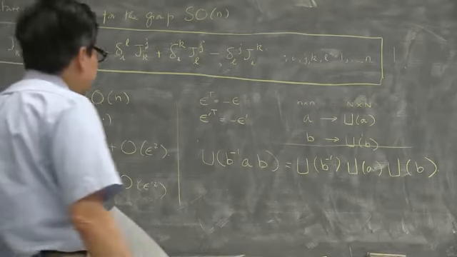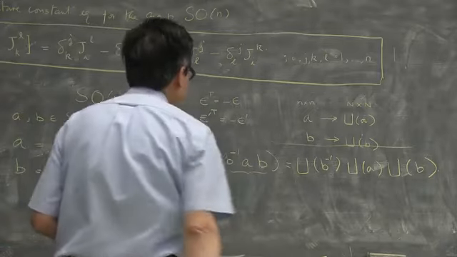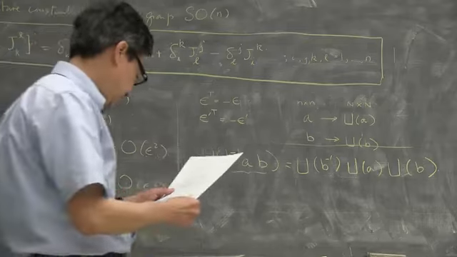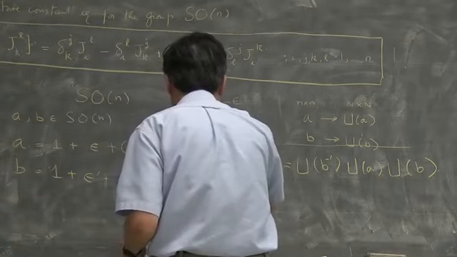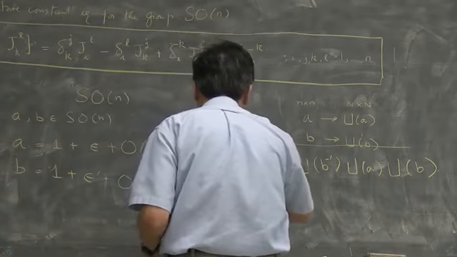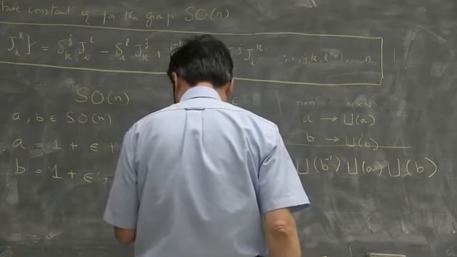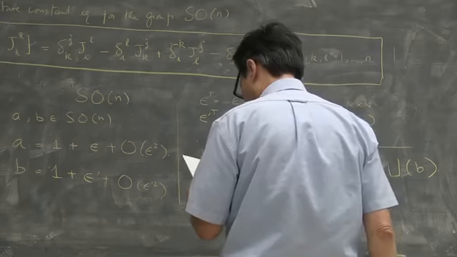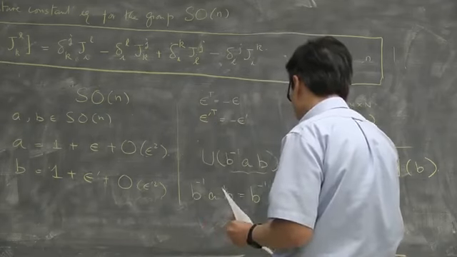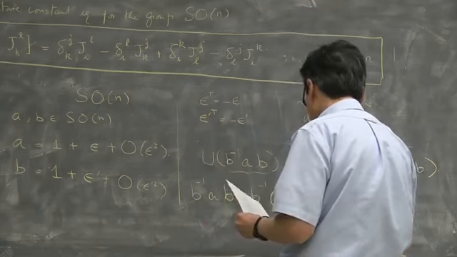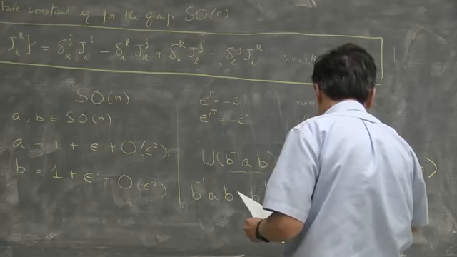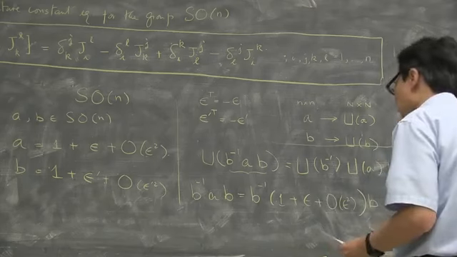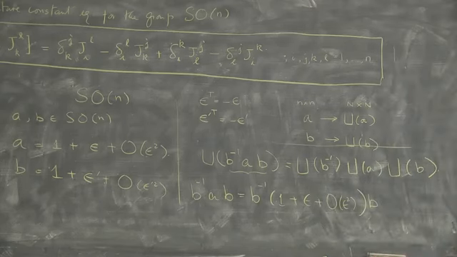Okay? Now, let's first write this group product in terms of the epsilon and epsilon prime first. And so, of course, you see that B inverse A times B is equal to B inverse, and I'm going to write A as 1 plus epsilon plus O(epsilon square), which I'm going to ignore, times B. Okay?